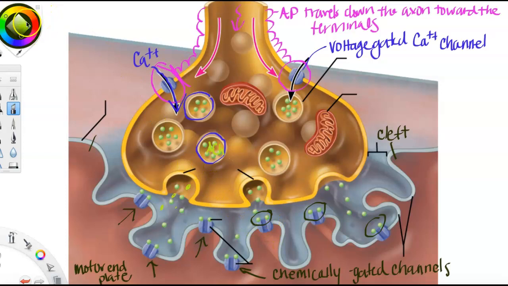So what happens when they open? Obviously something's going to move. Why would they open if nothing's going to happen? So we get the diffusion of sodium inside the cell, and potassium will diffuse outside of the cell, because we know there's more potassium inside the cell than out, and more sodium outside than in.